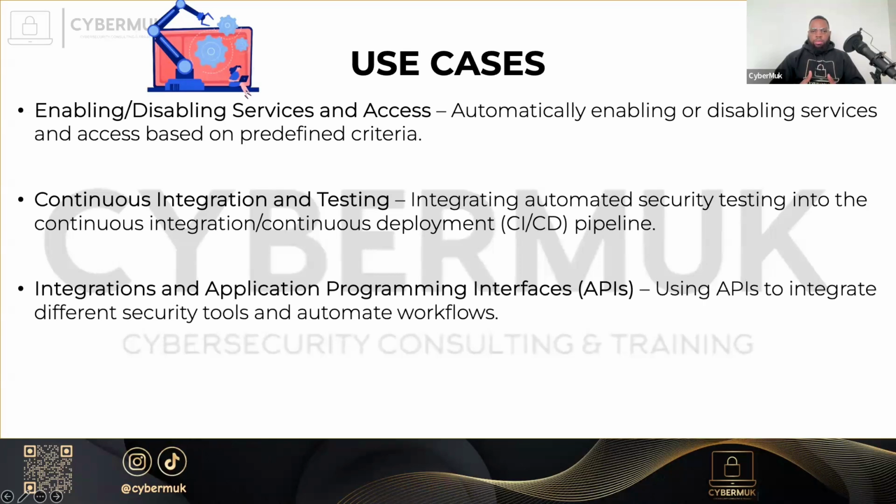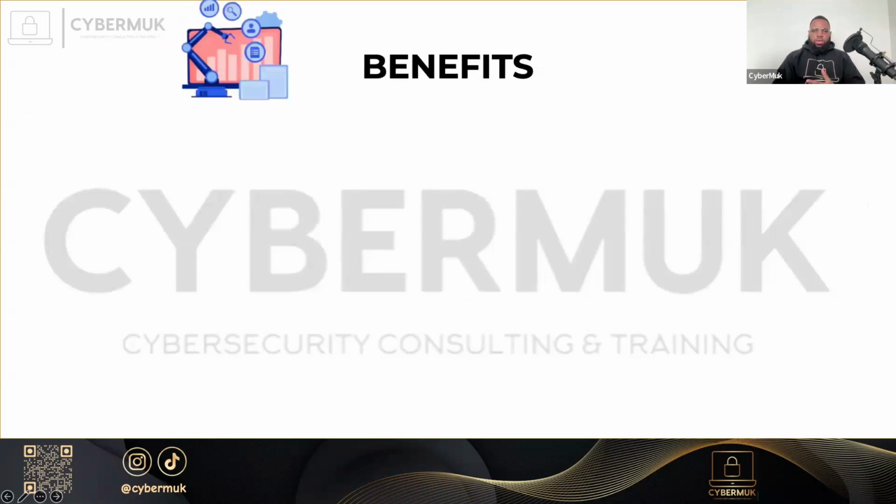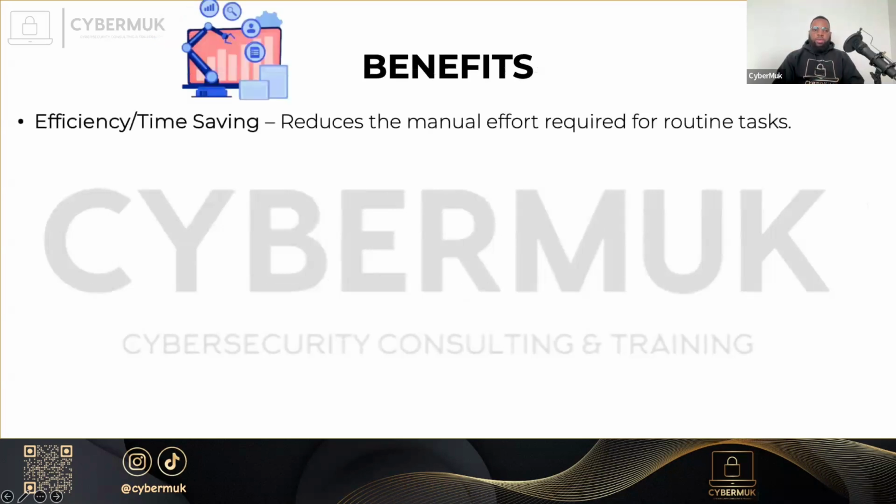Integrations and APIs, application programming interfaces. This is using APIs to integrate different security tools and automate workflows. This facilitates data exchange and coordination between the different tools, because APIs, reminder, these are used for different applications to communicate.